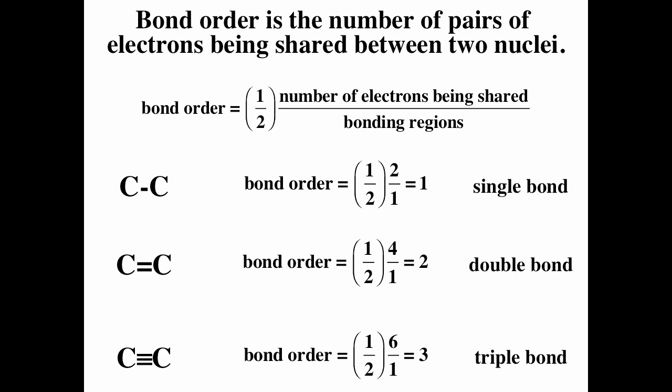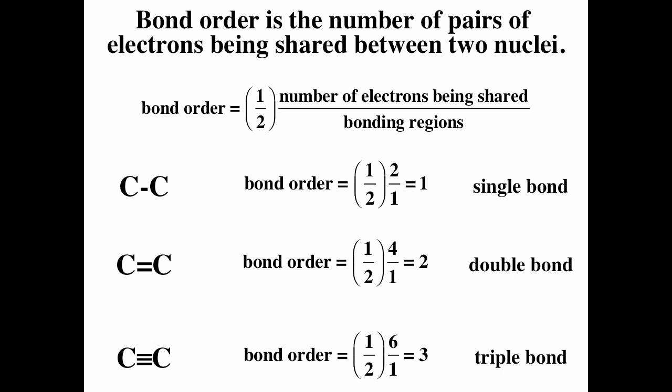Again, for single, double, or triple bonds it's easy, but this is just to show you that the equation works. For the single bond, we have 1/2 times 2 electrons being shared divided by 1 bond region, which gives us 1. For the double bond, 1/2 times 4 electrons over 1 bond region gives 2. And for the triple bond, 1/2 times 6 over 1 gives us 3.